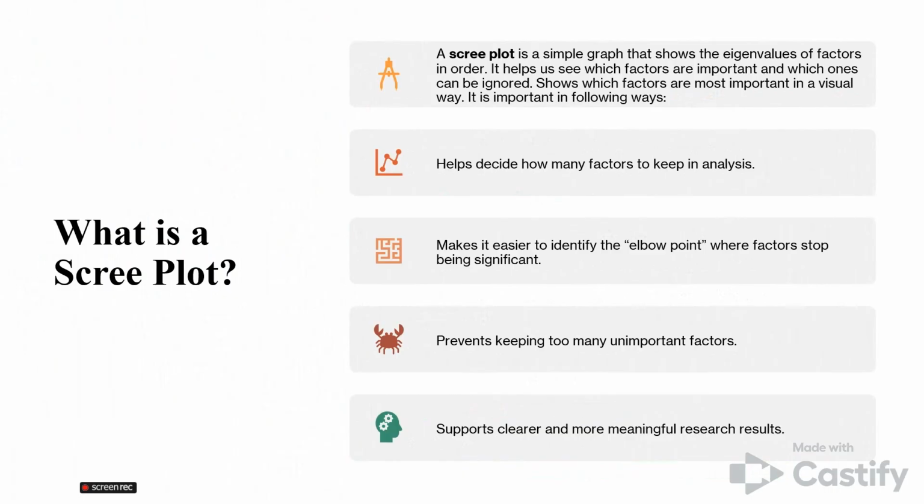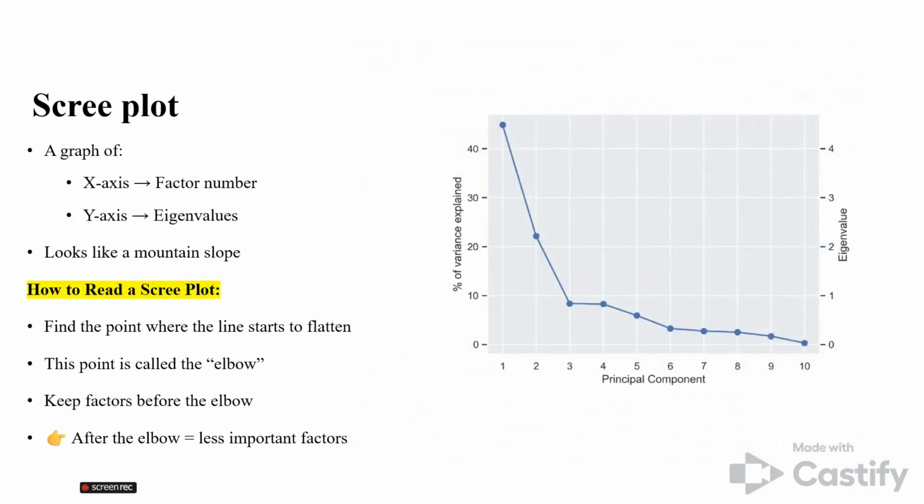It also helps to prevent keeping too many unimportant factors, which can bring unimportant decisions during data analytics. So to give clearer and more meaningful research results, our Scree plot plays a significant role. So what is a Scree plot?